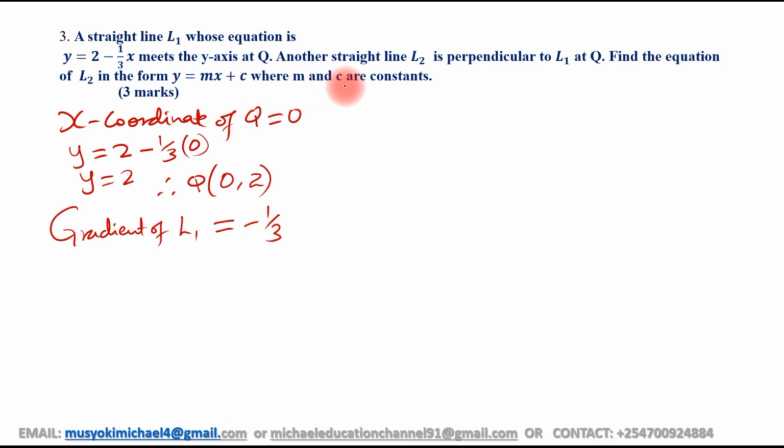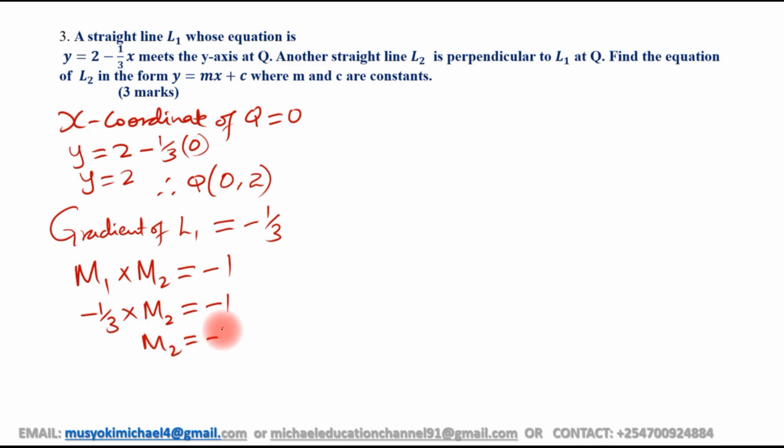And therefore, since line L2 is perpendicular to line L1 at Q, we know that the product of the gradients of perpendicular lines is equal to minus 1. In our case here, the gradient m1 of line L1 is negative a third. So the gradient of line L2 will be equal to positive 3. Therefore, we can get the equation of L2.